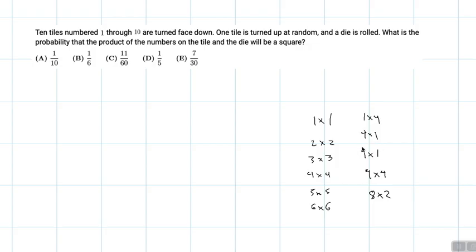I don't think I counted this 9 times 1 in the previous solution. So as I said before, there's 60 total products that can be formed, and then we have 11 here. So answer should be choice C, 11 over 60, and that is the correct answer.